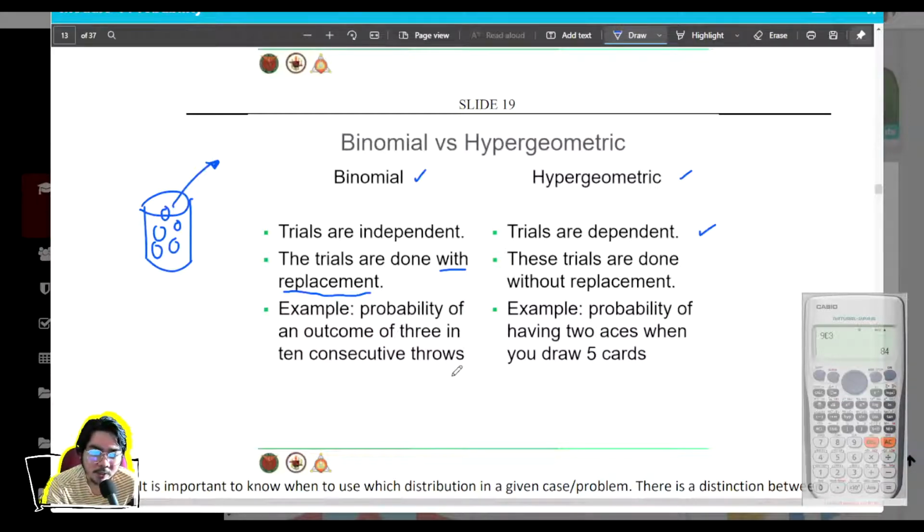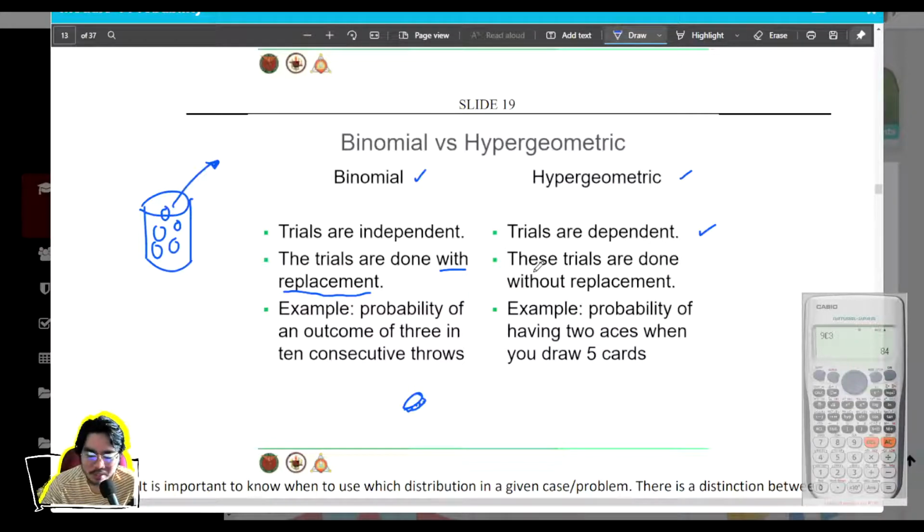Okay? So if I do something like a coin toss, kunwari, may coin ako and I toss that coin several times, so trial 1 ko, first coin toss, trial 2 ko, second coin toss, etc. Each coin toss na gagawin ko, is it dependent on each other or not dependent? What do you think? Kung dependent, thumbs up.